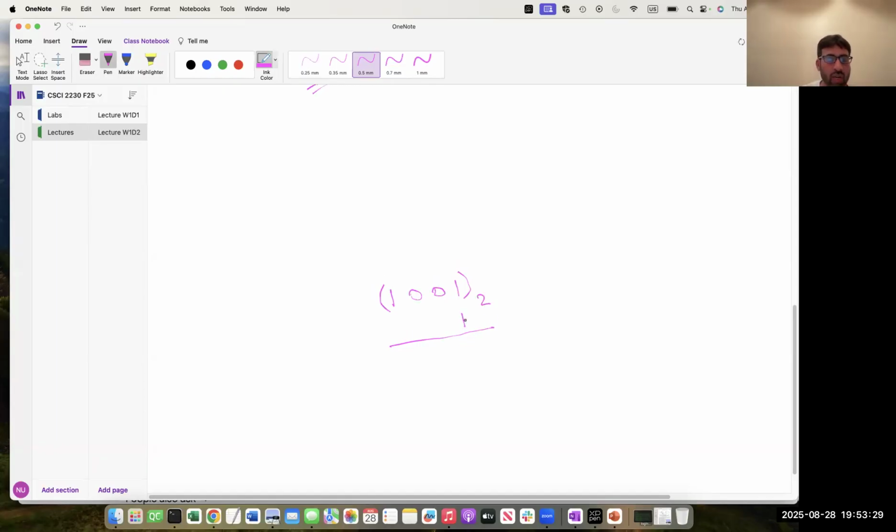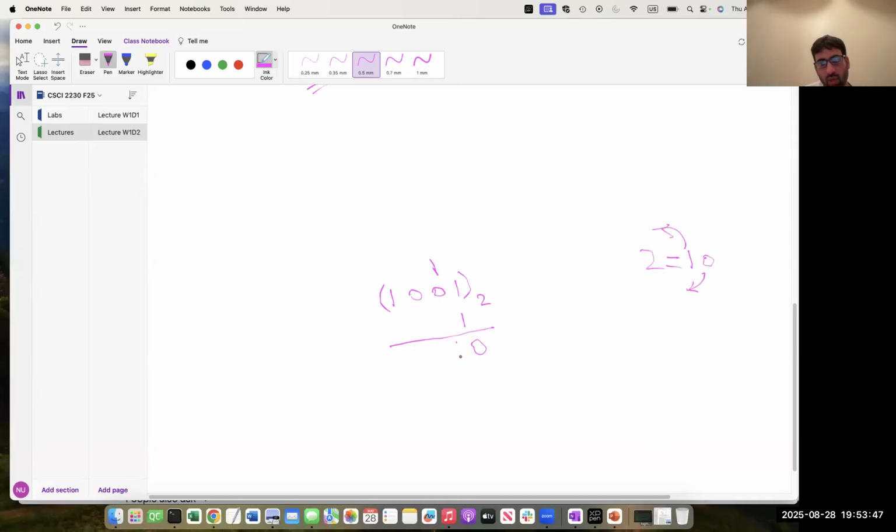So if I add 1 and 1, what is that? 2, right? And what is the binary of 2? Binary of 2 is 1, 0, right? So I write this 0 here, and this 1 becomes a carry here, right?